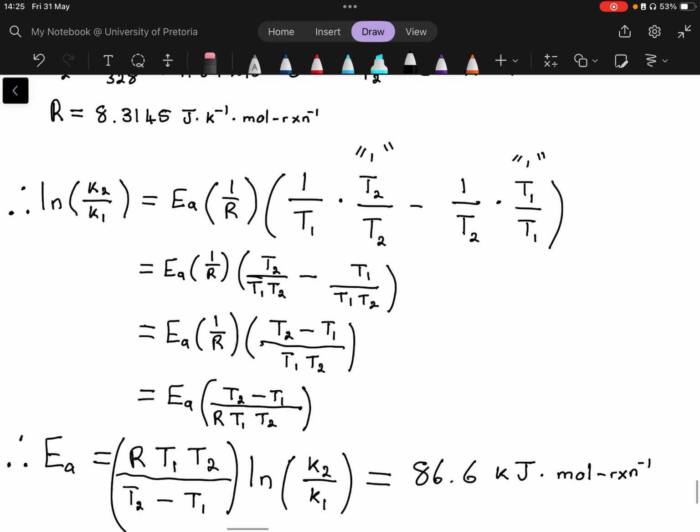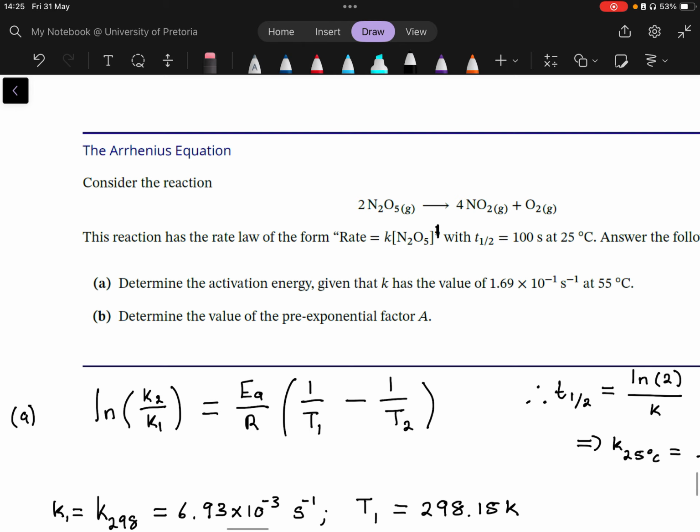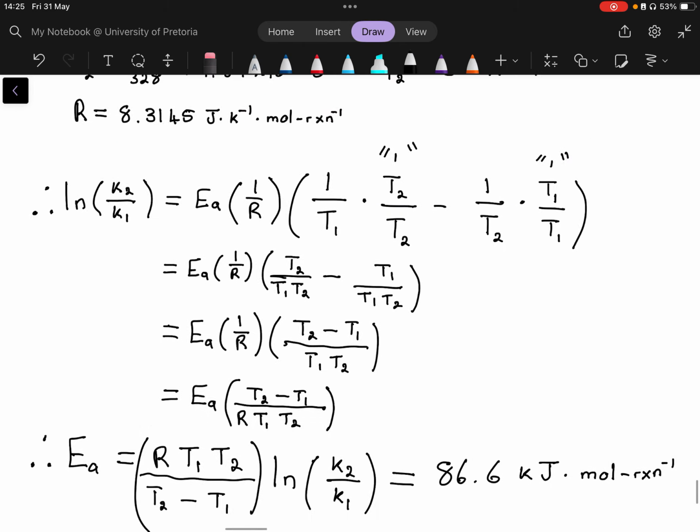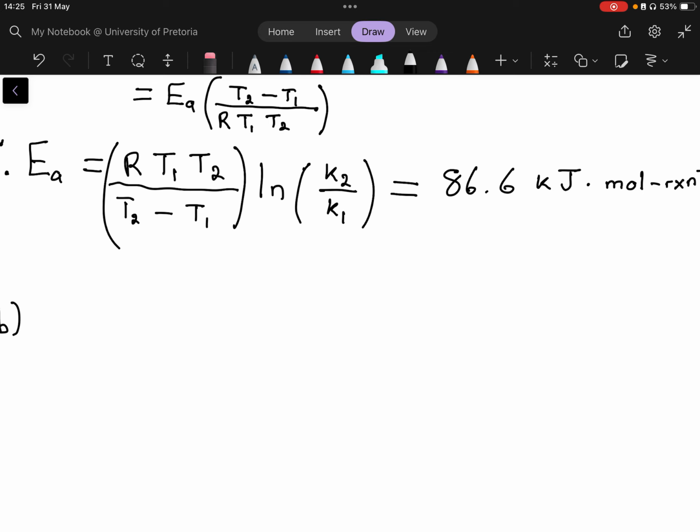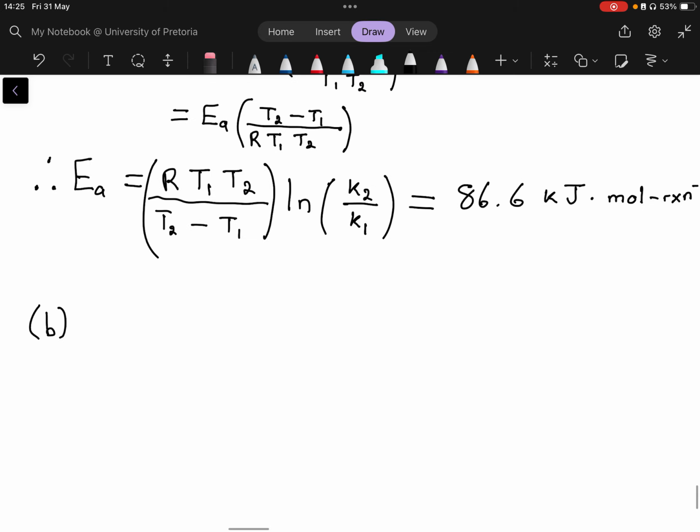B. The question asks, determine the value of the pre-exponential factor A. Well, the pre-exponential factor A refers to the base equation of K. Oops. Why does it keep on jumping?